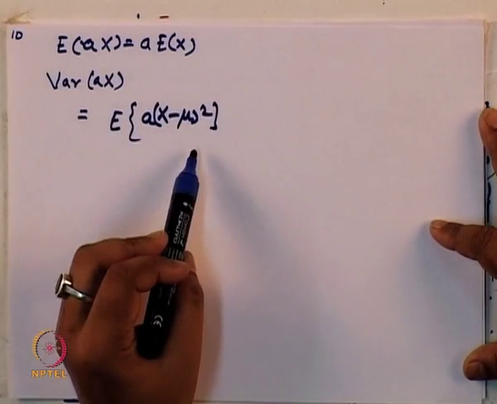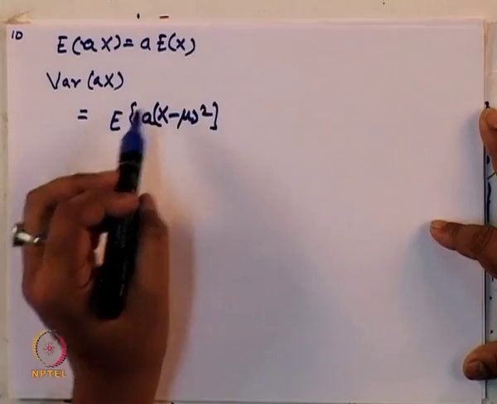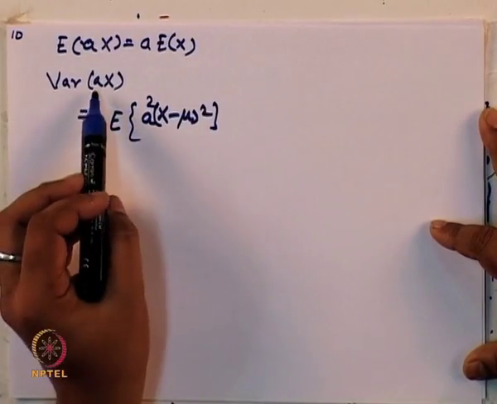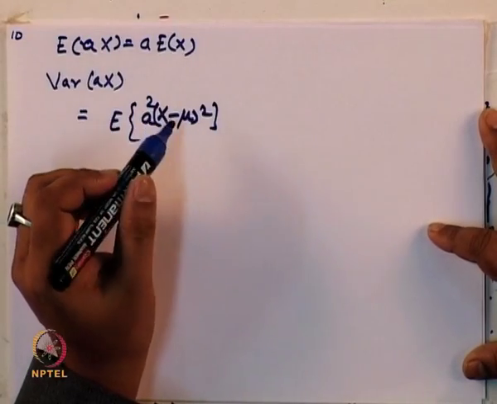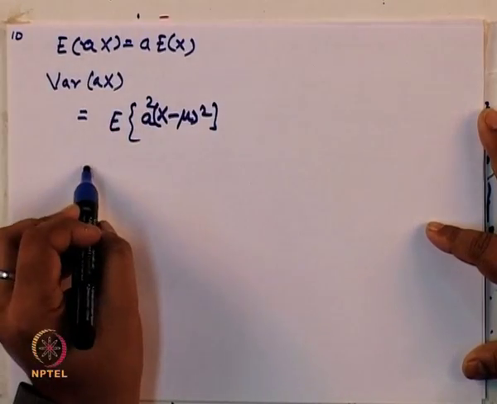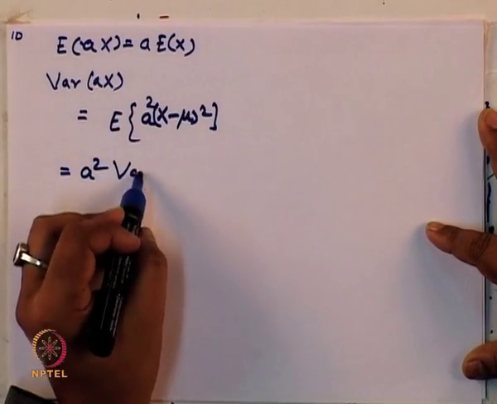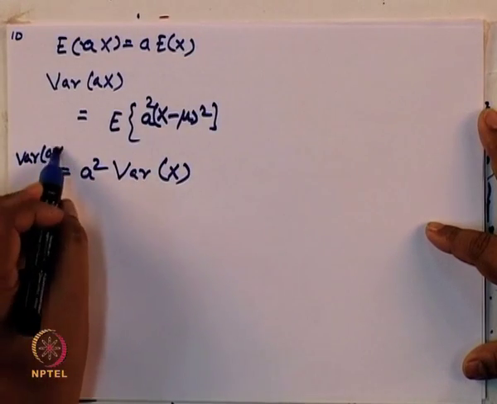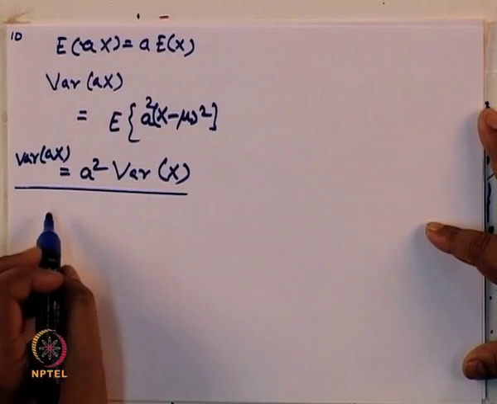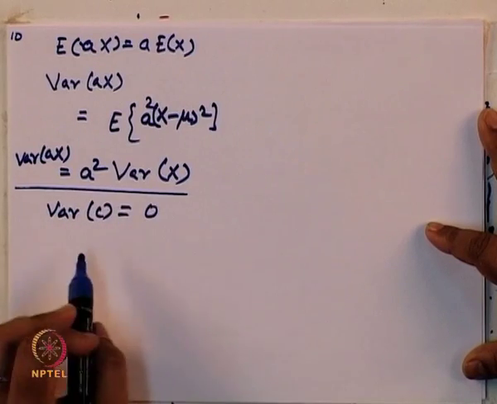It is expectation of (a times (x minus mu)) whole square, so you can take out the a square term. Variance of a x is going to be a square variance of x. Variance of a constant is going to be 0.